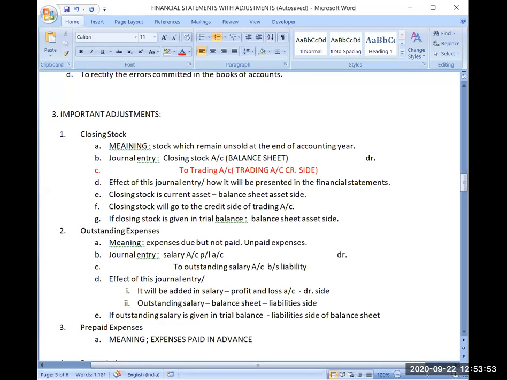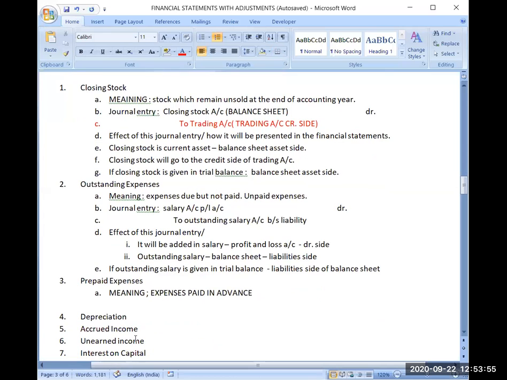So if you are paying some expenses in advance, what will be the journal entry for that? Suppose I am paying rent in advance. Because I am paying rent, whether it is in advance or in some other way, the entry should be rent account debit to cash account.